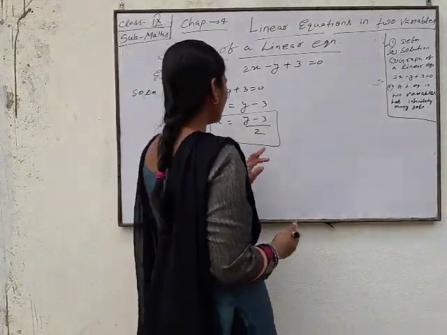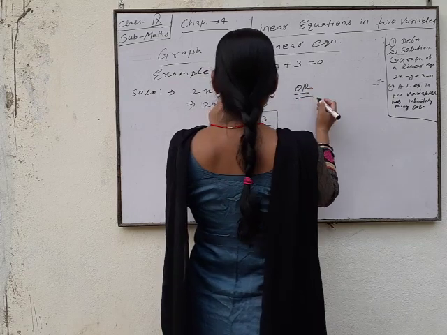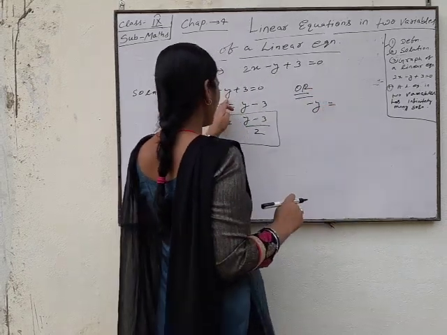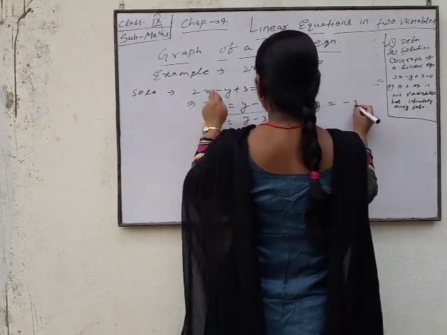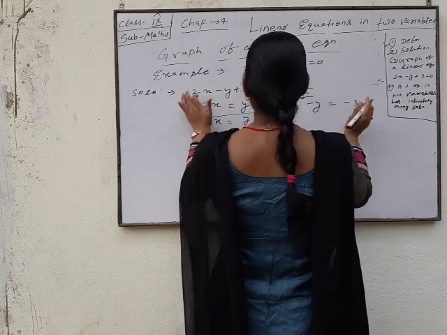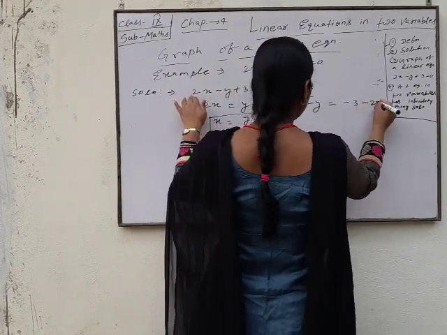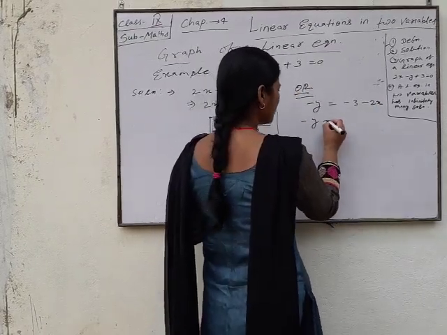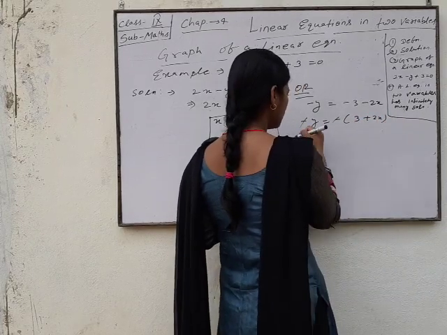If you want to find the value of y, no problem. Or you can write minus y is equal to minus 3 minus 2x. Shift the numbers to the other side, and the two minus signs cancel.